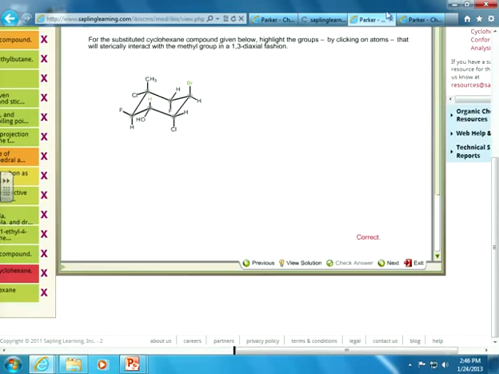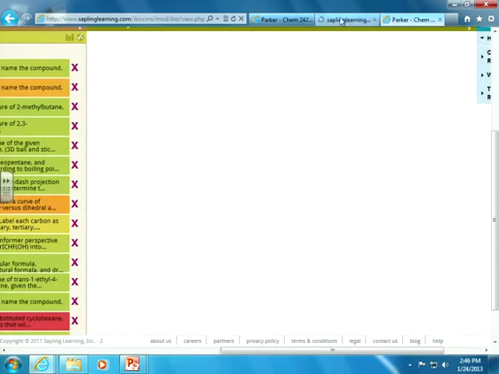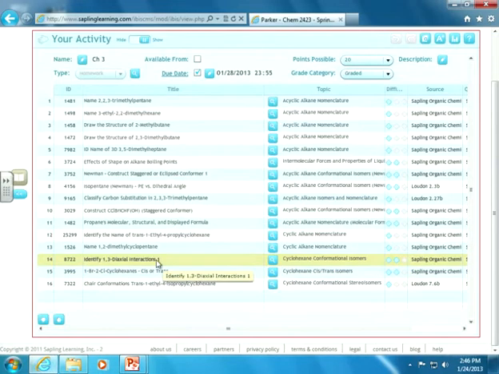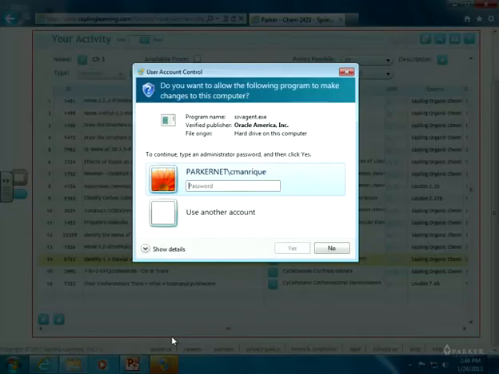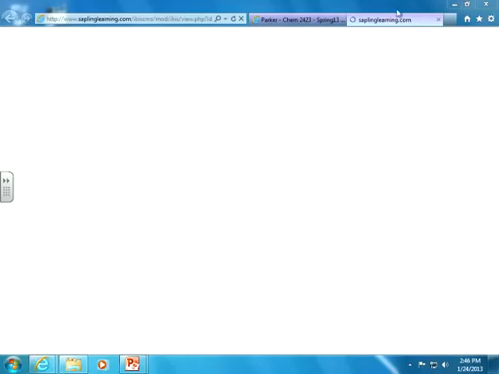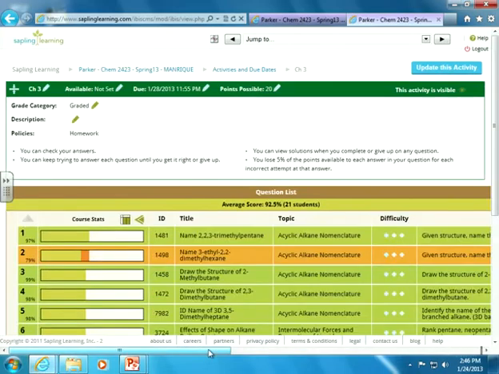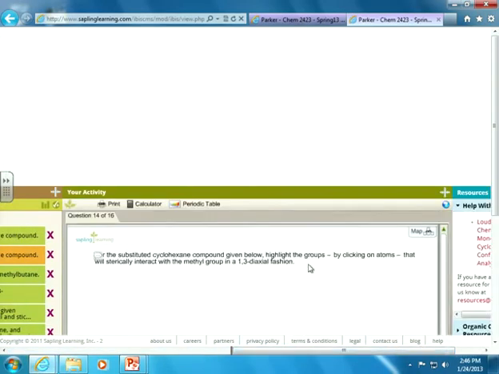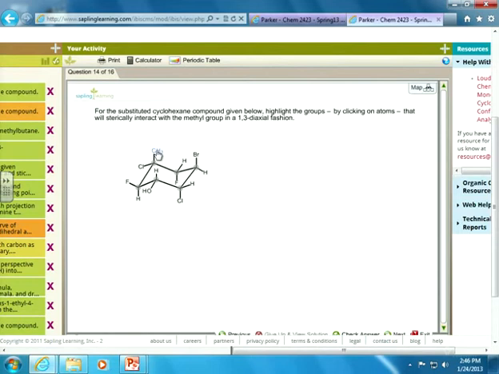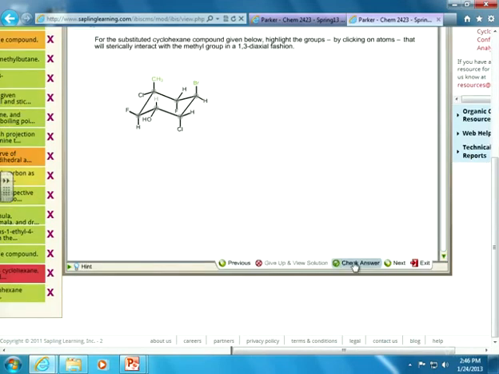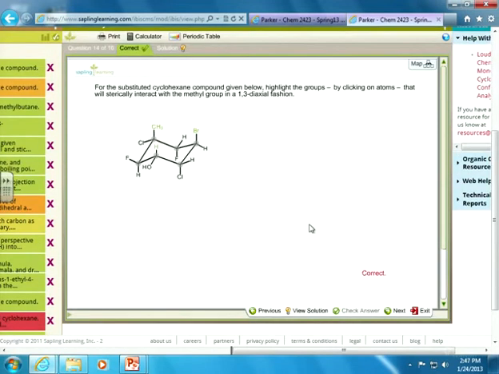If it pulls up. There it goes. So this time we're going to choose it. Correct. So either way is fine.